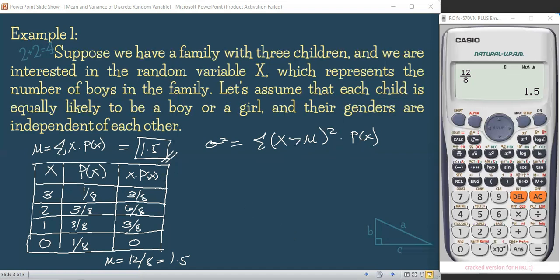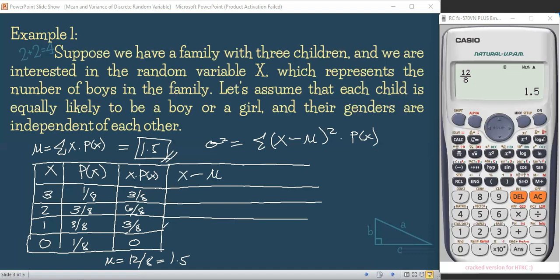Okay, so first, yung pinaka nasa loob is x minus the mu, or the mean. So we have 3 minus 1.5, that is 1.5.